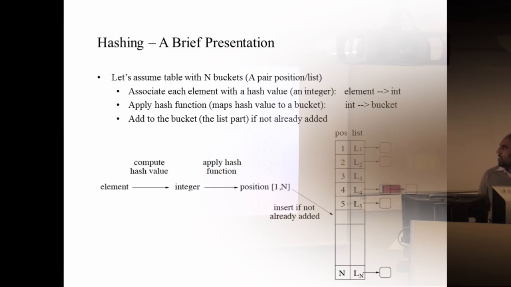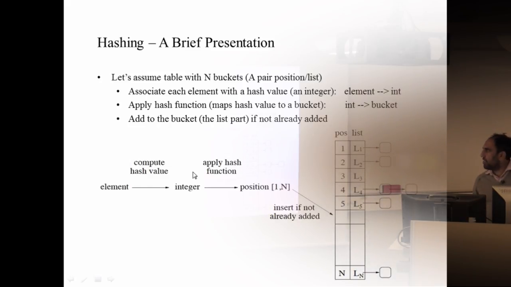And here is how the hashing mechanism works. Let's assume that the size of our array is n. We have n buckets, where each bucket is a position with a list where we want to store the values.